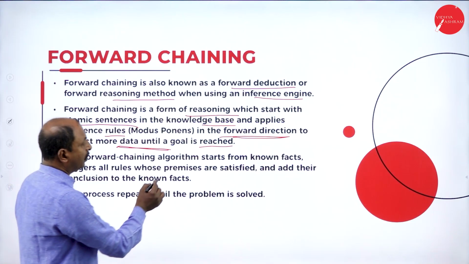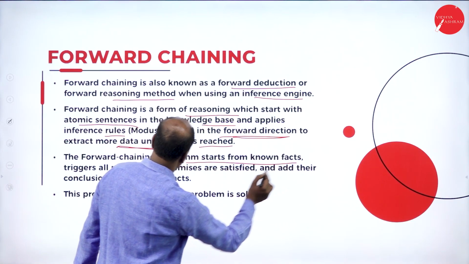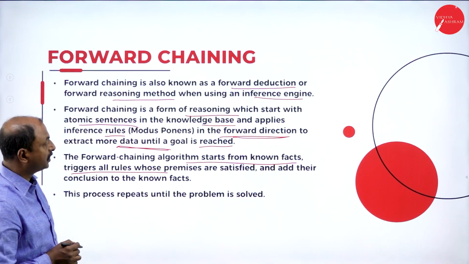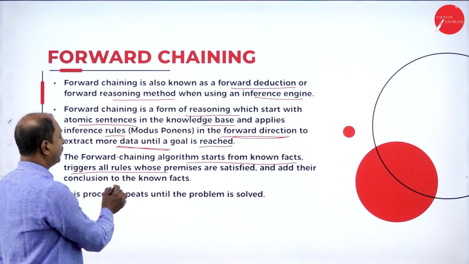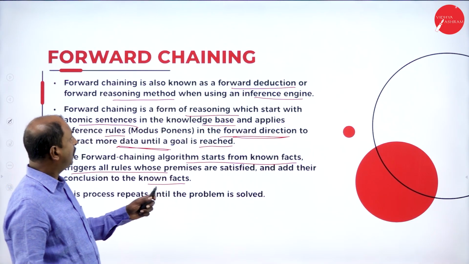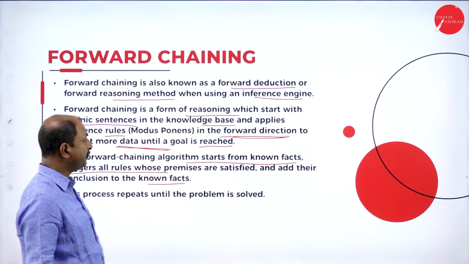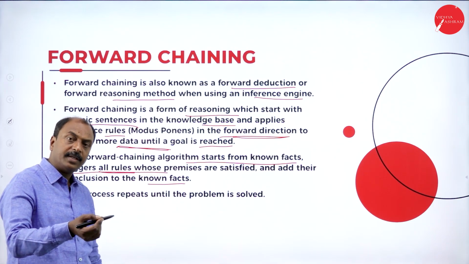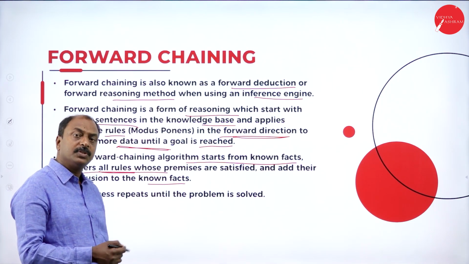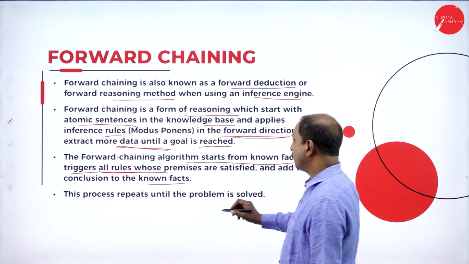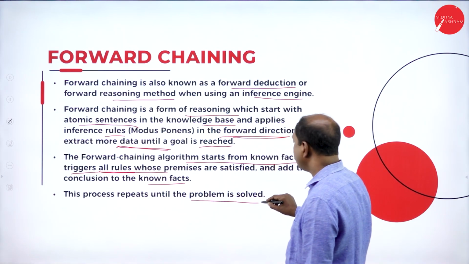This algorithm starts from the known facts and triggers all rules whose premises are satisfied, and their conclusion is added to the known facts. This forward chaining system applies the logical rules to arrive at a new solution or new statement. This process repeats until the problem is solved.